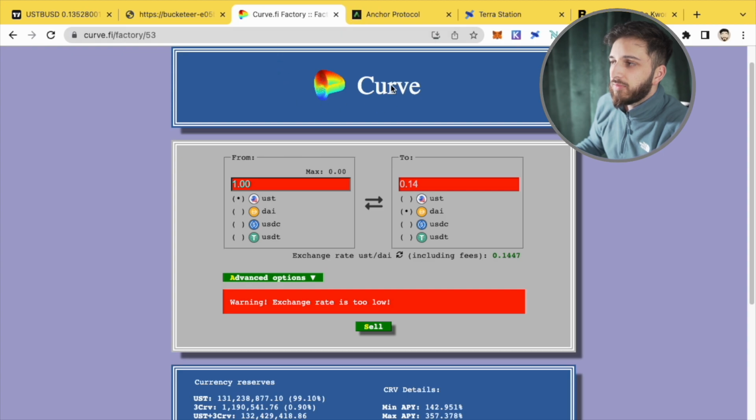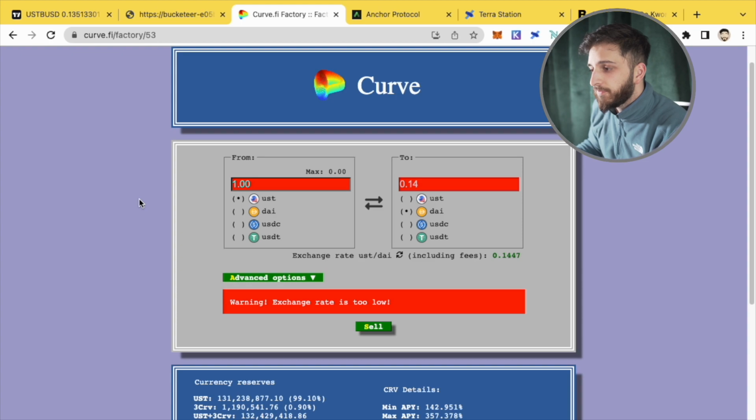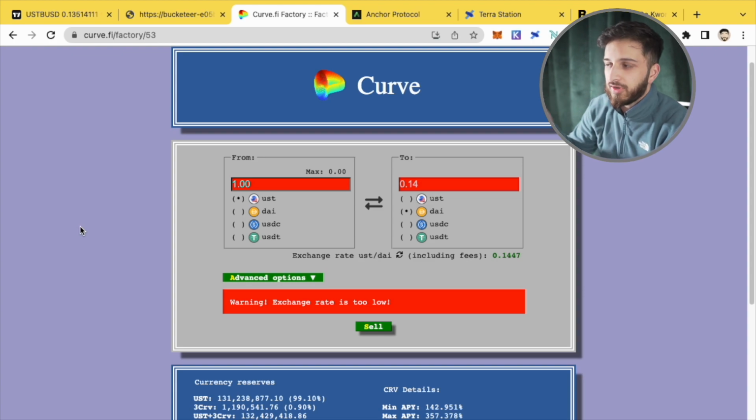Curve is a protocol. It's actually the largest protocol in crypto, and it's predominantly a stablecoin swap platform. You've got loads of stablecoins, and you just swap them from one to another. And there's one particular pool on here called the 3 pool. UST was paired with this 3 pool, and the 3 pool consists of DAI, USDC, and USDT, arguably the 3 biggest stablecoins.